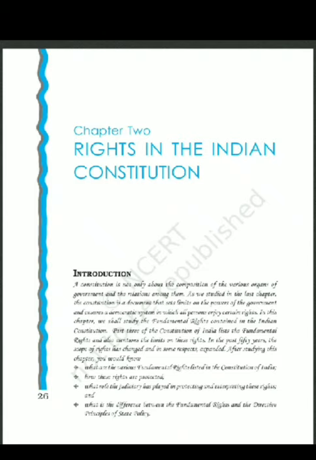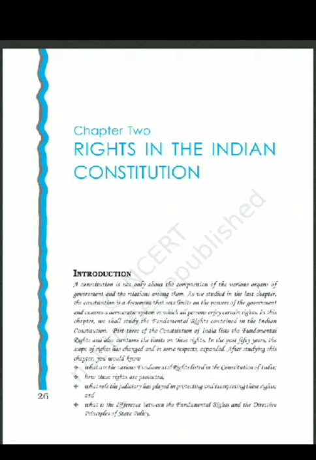So everyone who is a citizen of India has been given certain rights which are fundamental in nature, and they are guaranteed to every Indian citizen in the Indian Constitution.